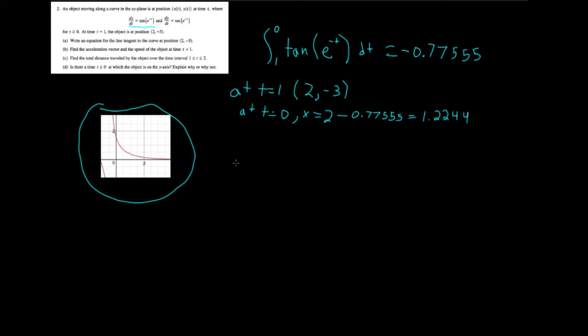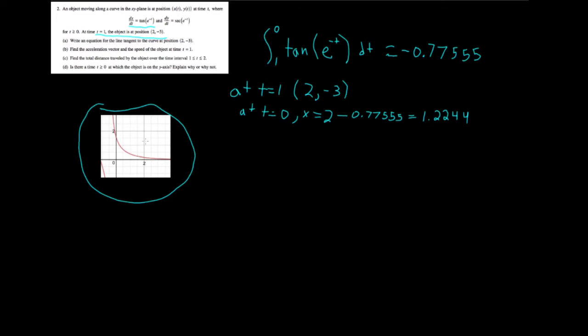So that means the slope of the position of x is always positive, so it's always increasing. So you know that at time t equals 1, since they give you t equals 1, it's at the position (2, negative 3). The x is positive already. So any time greater than 1, it will be greater than 0 because it's always increasing. It's never going back towards the y-axis, or towards x equals 0.